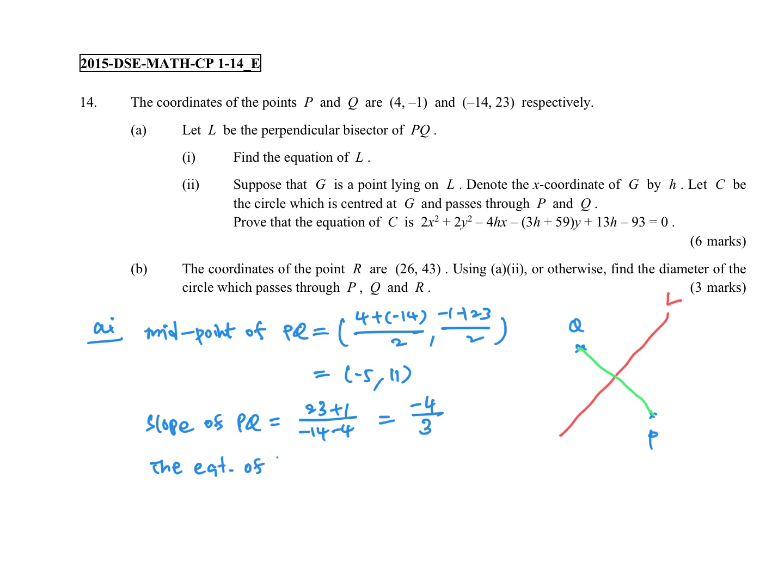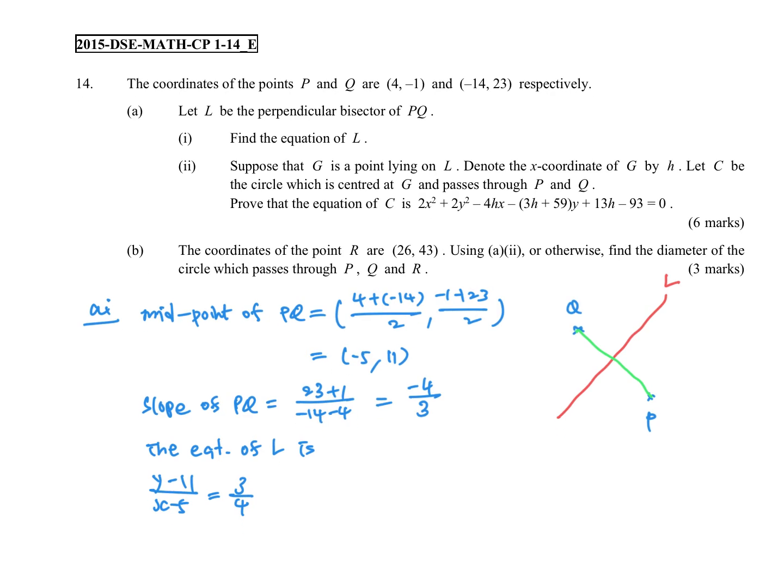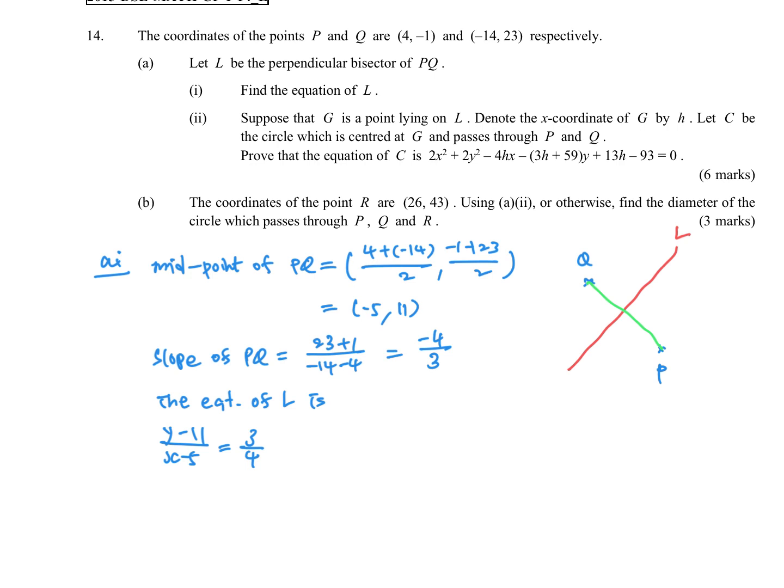And then the equation of L, which is y minus 11 over x minus 5 equals 3/4. And that would be 3x minus 4y.